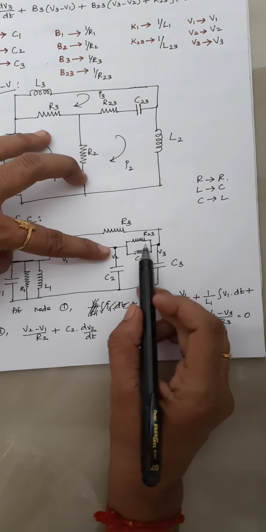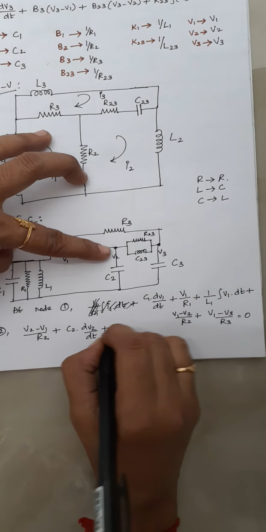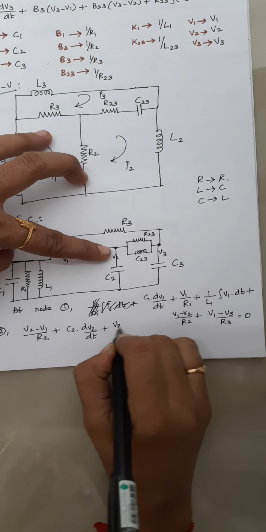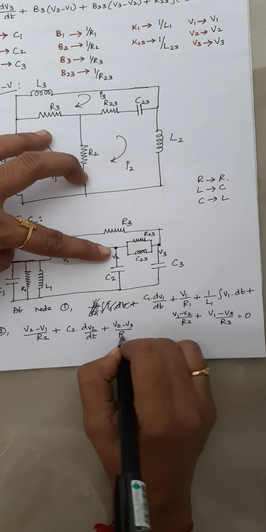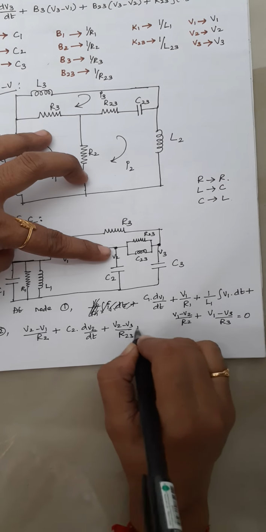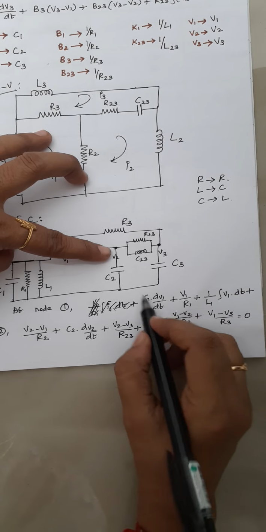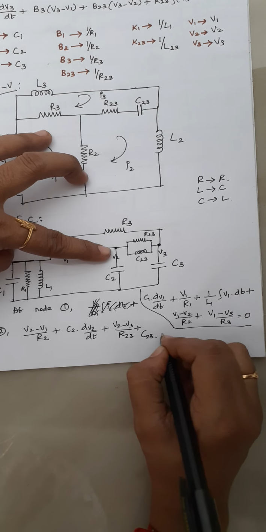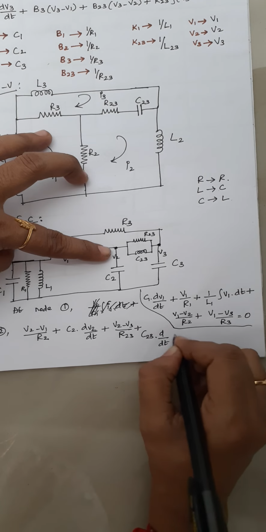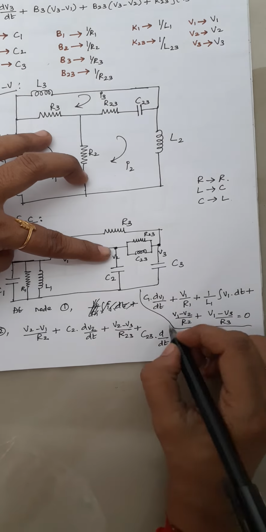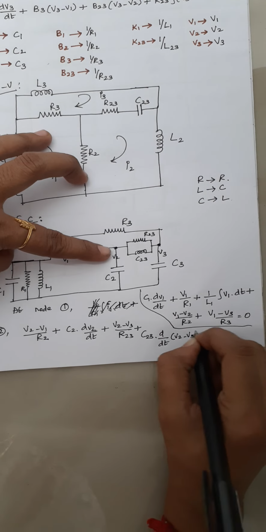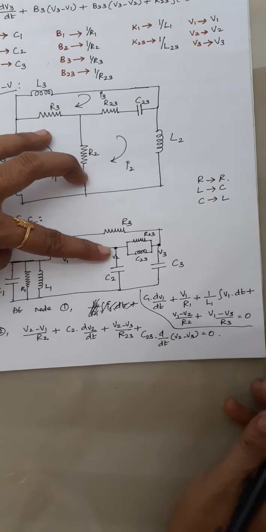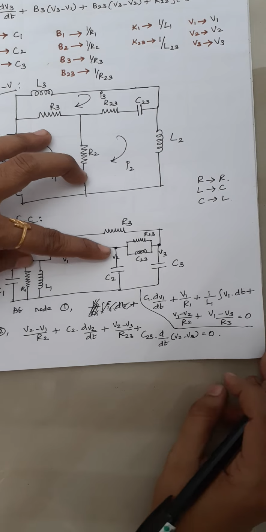And the next one is R23 and C23. So we write V2 minus V3 divided by R23, plus again for this capacitor C23 into d by dt of V2 minus V3, since it is connected between V2 and V3, which is equal to 0. Okay, this is your node 2 equation.